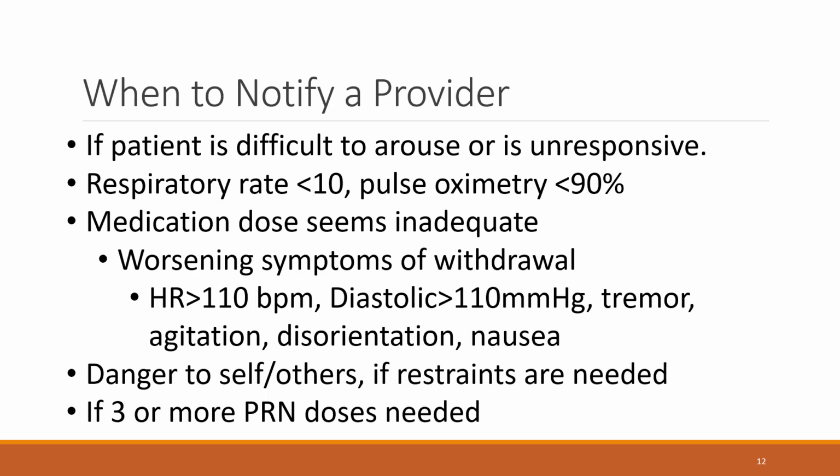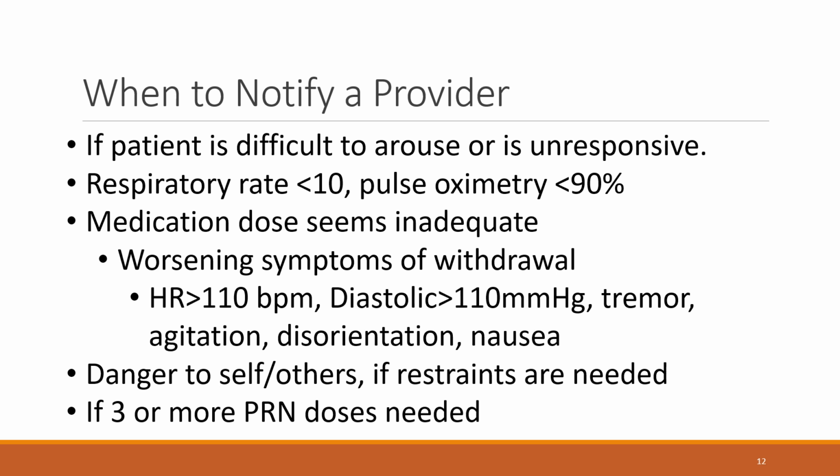Here are important things to keep in mind of when to notify the provider. For inpatient status patients, notify the ordering provider of any patient requiring greater than 3 consecutive every 1 hour benzodiazepine doses or reaching a cumulative dose of lorazepam, or assessment of oversedation, to have them evaluated and considered for a higher level of care.